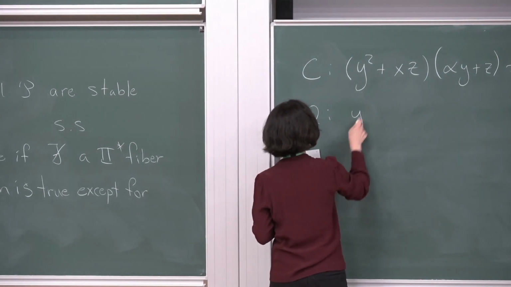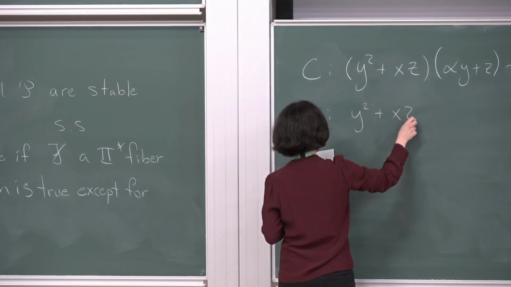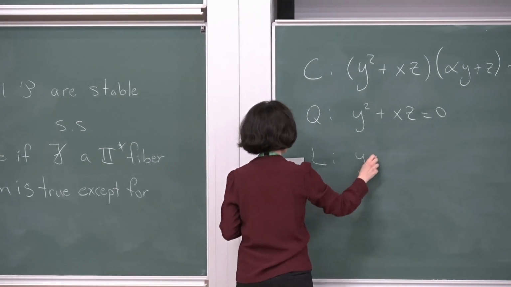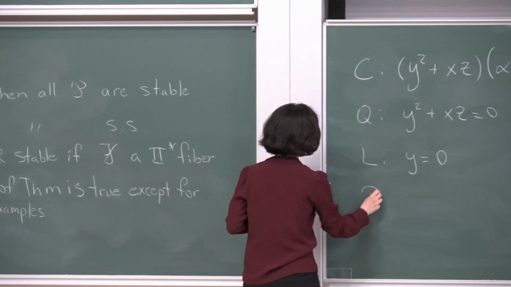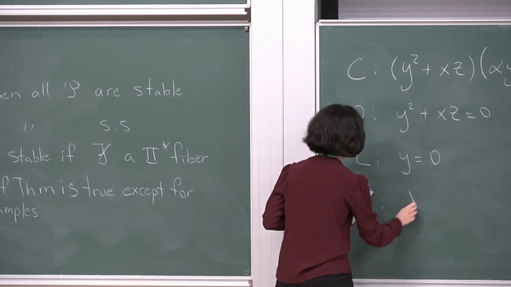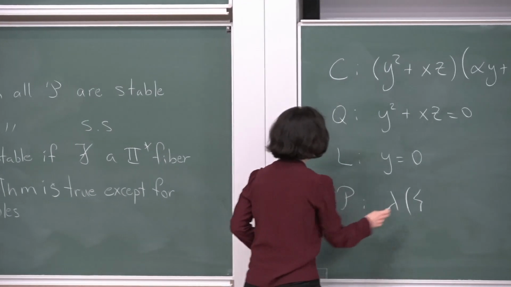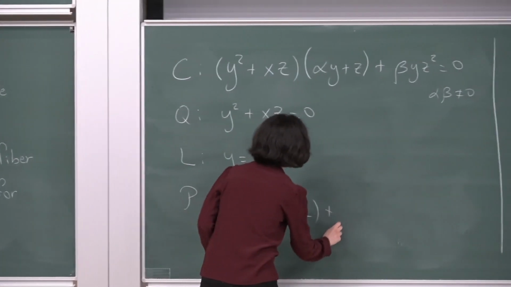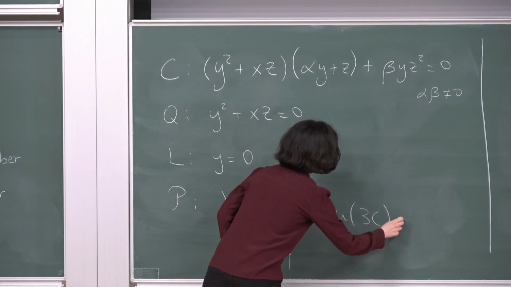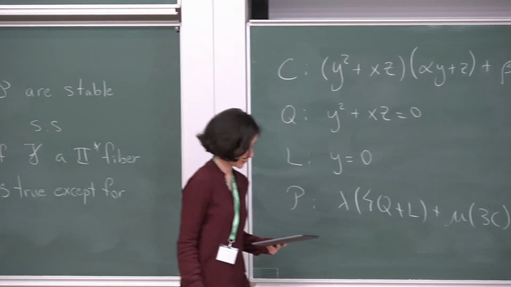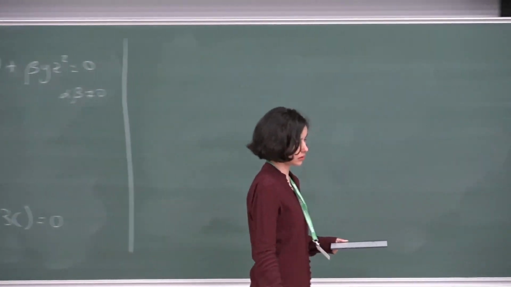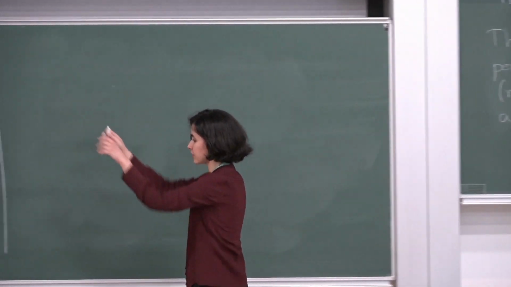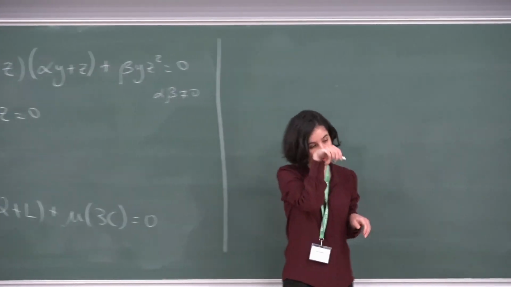Q is going to be this conic, and L is going to be this line, and then the pencil that you take is the following. You take the conic with multiplicity 4 plus the line, and then you take the cubic with multiplicity 3. So this has just 2 base points. You have to blow up one of them 7 times and then the other twice.